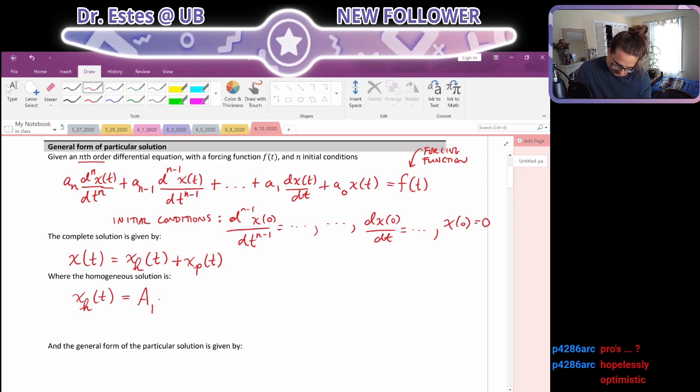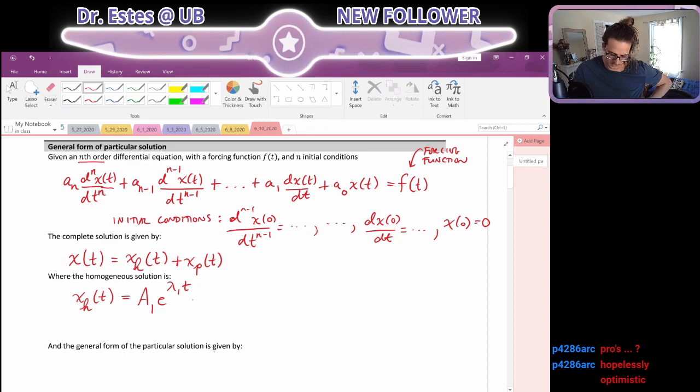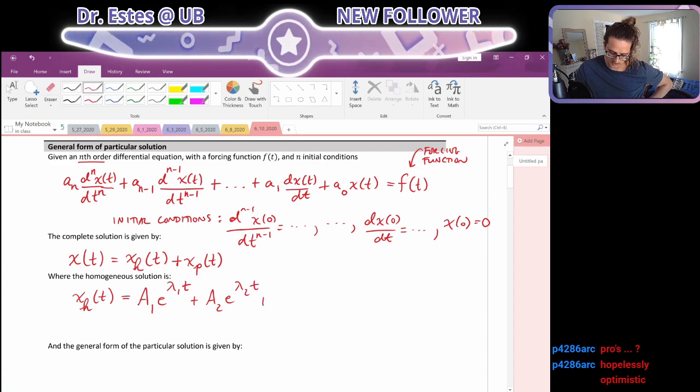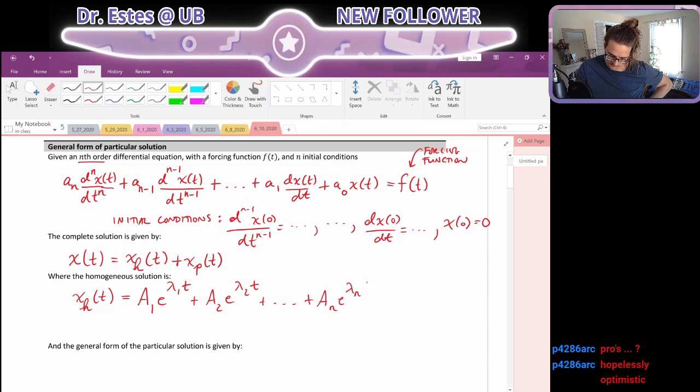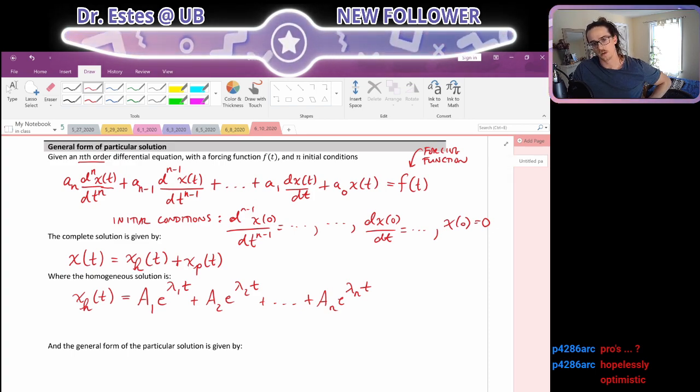So we would have n roots, let's say like a1 e to the lambda 1 t, a2 e to the lambda 2 t, all the way up to the nth root. Now remember, some of these roots could be complex.